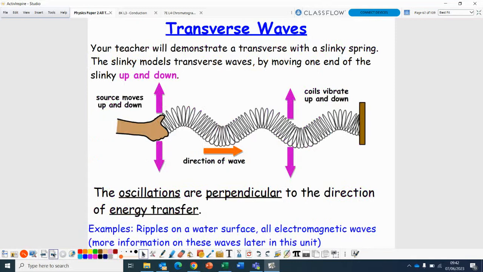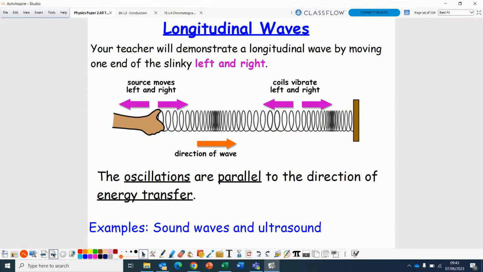Transverse waves, oscillations or vibrations if you prefer, are perpendicular to the energy transfer. The example for transverse waves is every wave that you've done this year except sound. Longitudinal waves have oscillations or vibrations parallel to the direction of energy transfer, and this is sound waves and ultrasound.